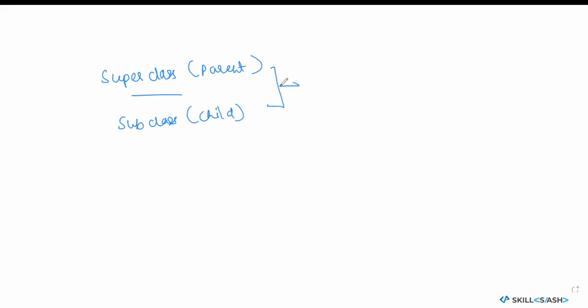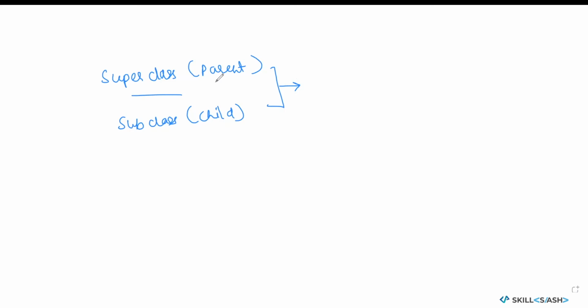Okay, if we want to understand subclass and superclass, superclass is generally called a parent class, and subclass is generally called a child class. What do these differences mean, what is their relationship, and how can we understand them for protected and all that? We'll see that.